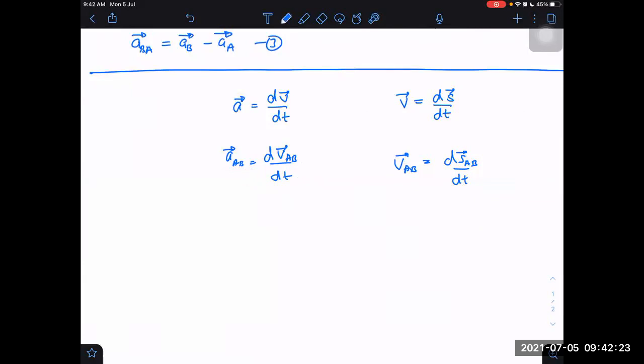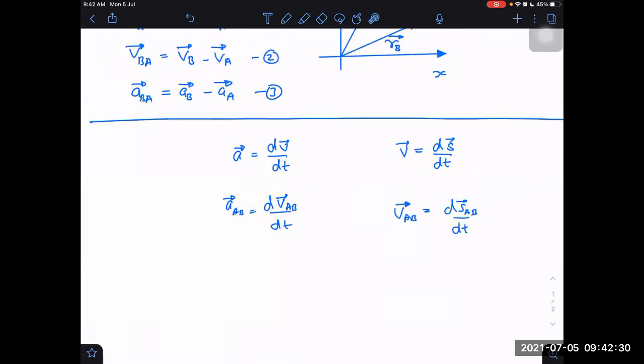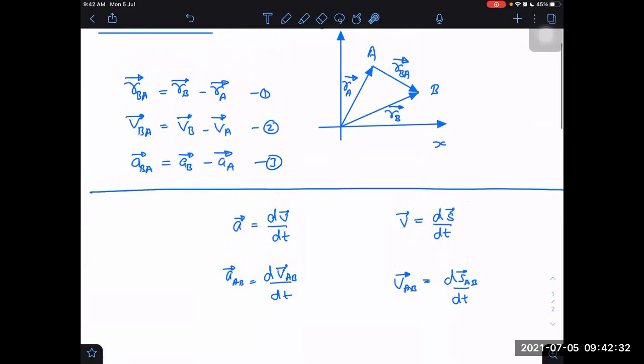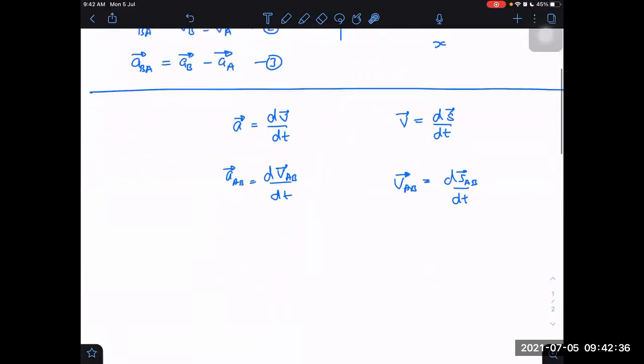Sir, can we write it as dVA bar by dt minus dVB bar by dt? Obviously. VBA is VB minus VA. So VAB will be VA minus VA minus VB.